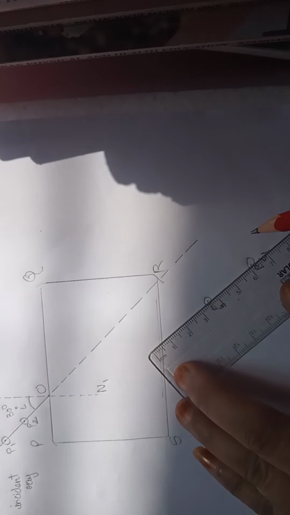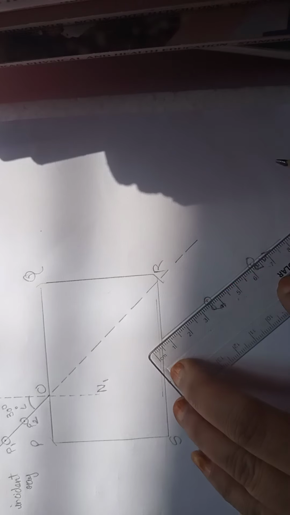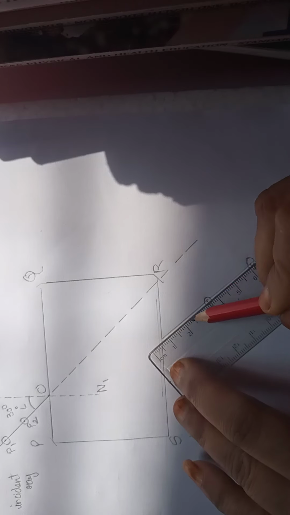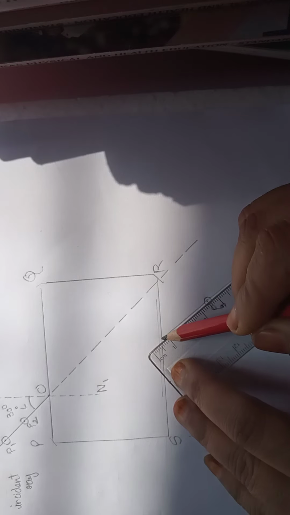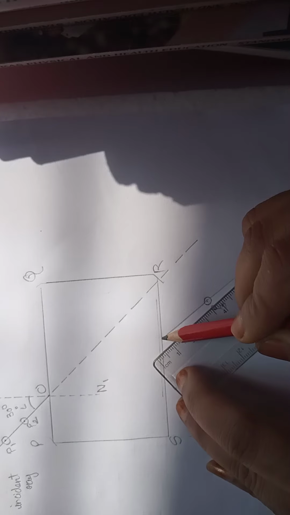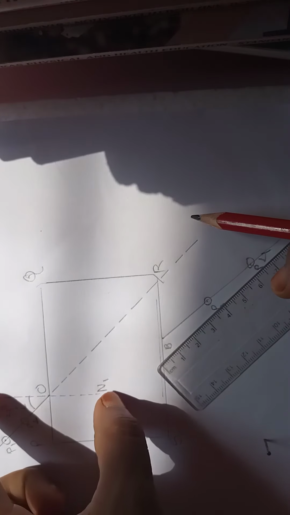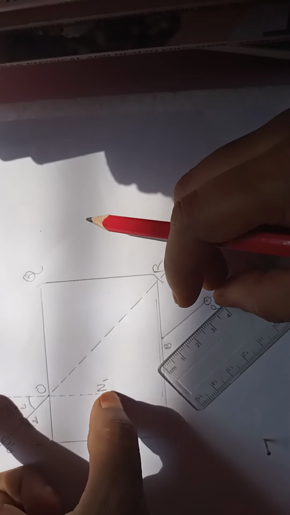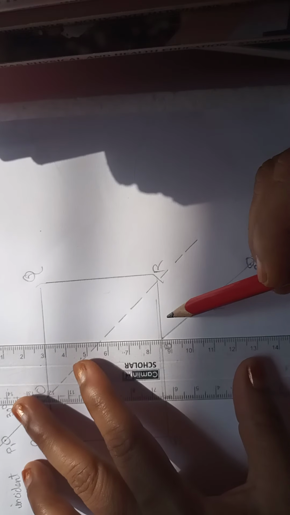See, same way from this side. Okay, I have joined the line. Now the point where this ray and the side SR is intersecting, I will name that point as B, and the way we have drawn here M1 and N1 as normal, exactly the same way I am going to draw a normal here also.